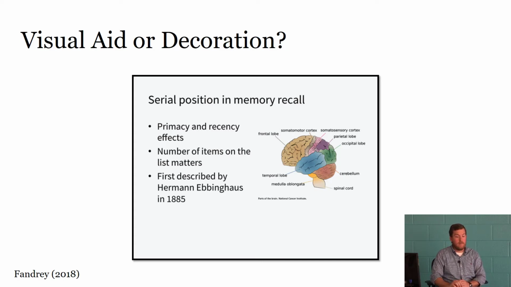So if the graphic doesn't support the main idea, it's not a visual aid, it is a decoration. That means it's extraneous load. That means it's taking away from my working memory capacity that I could be putting towards content.